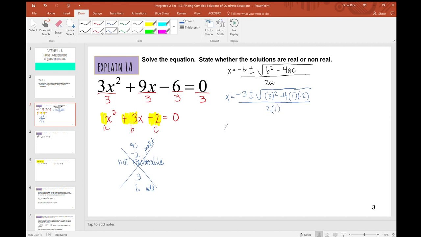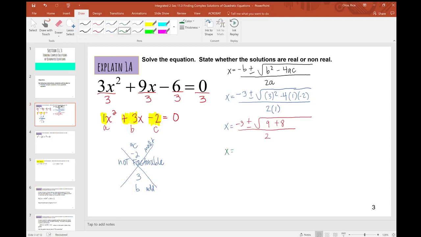Let's keep going. X equals negative 3 plus or minus the square root of 3 squared is 9, and negative 4 times 1 is negative 4. Negative 4 times negative 2 is positive 8, all over 2. Let's keep going.